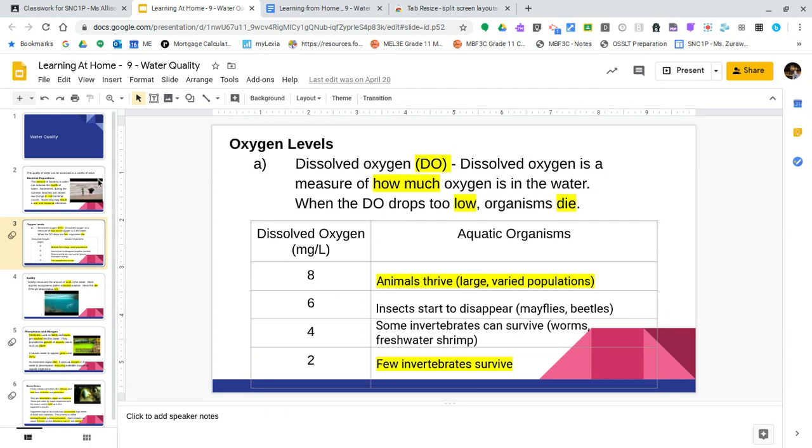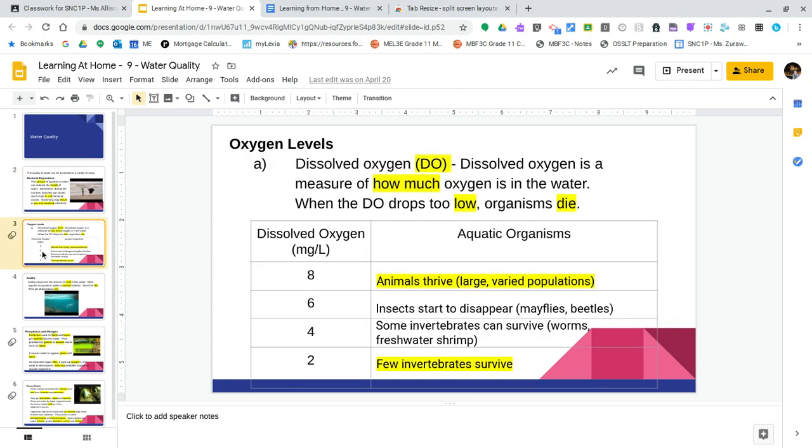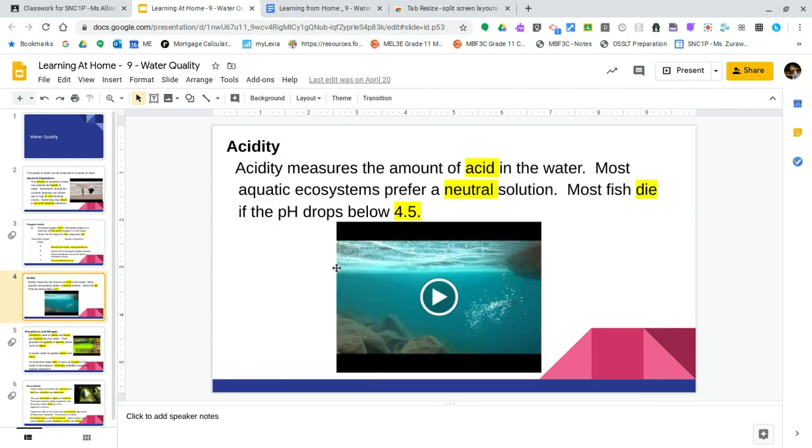And as it goes lower, you're going to have not as good a population. So that's another way. So we've got first bacterial. We can measure water quality by bacteria. We can measure water quality by oxygen levels. How else can we? We can look at the acidity of the water. So the acidity measures the amount of acid in the water. So most aquatic ecosystems prefer a neutral solution.